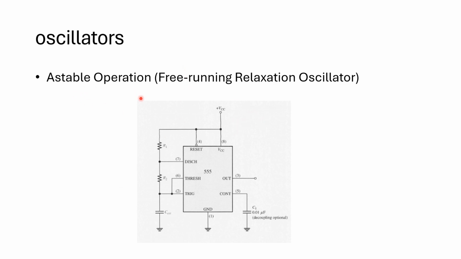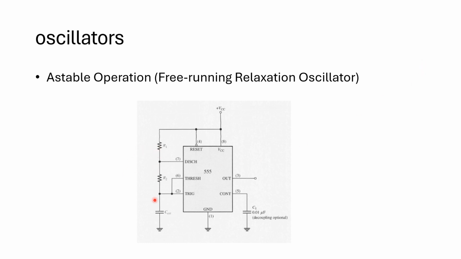For astable operation, a free running relaxation oscillator, the threshold input is connected to the trigger input. So pin number 6 and pin number 2 are shorted. R1, R2, and the C external form the timing circuit, so that you can design the width, the mark and the space of the pulse or the rectangular or square wave that you want to produce.